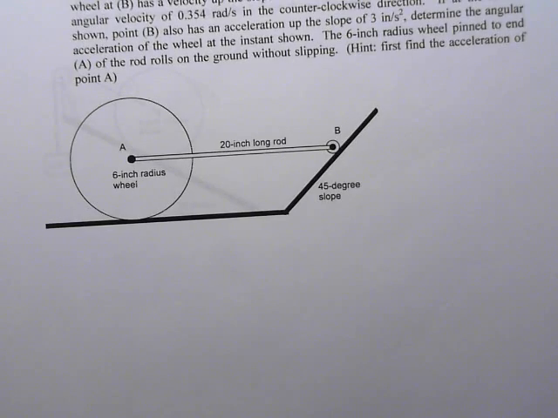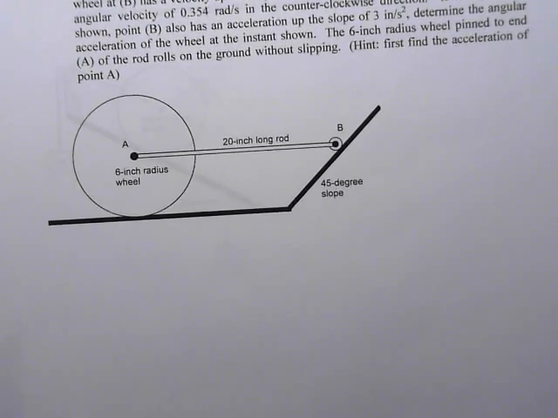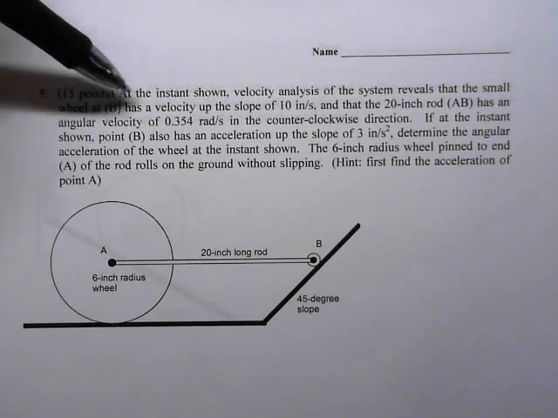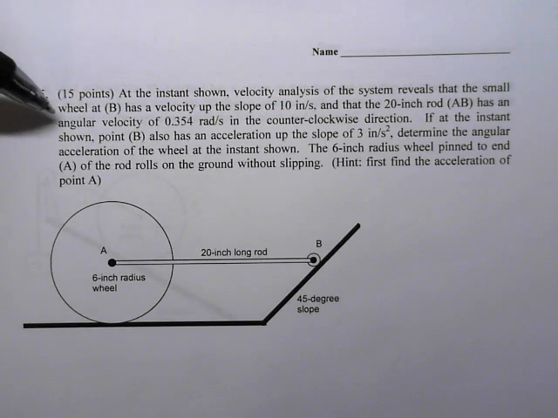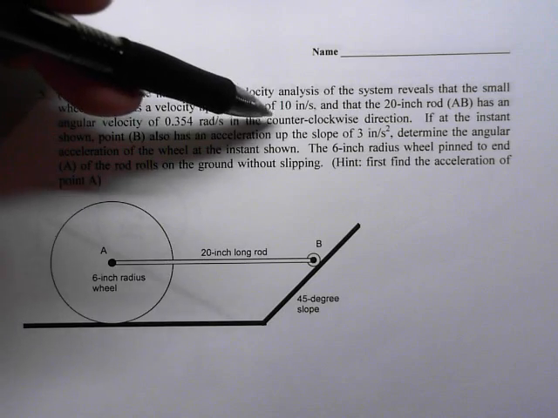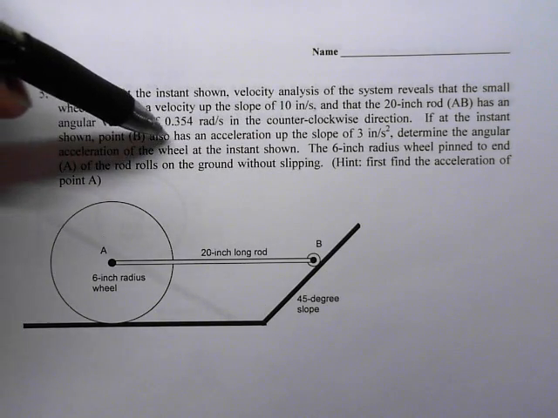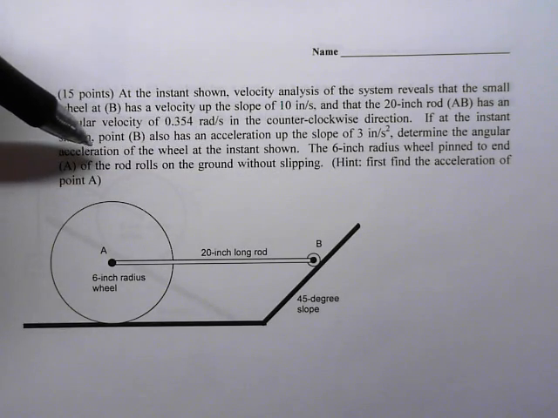Okay, but we have taken a look at each of the first 4 chapters, and those dealt with particles, and now we turn to rigid bodies. And so, in this problem, a 15-pointer, it says, at the instant shown, velocity analysis of the systems reveals that the small wheel at B has a velocity up the slope of 10 inches per second, and that the 20-inch rod AB has an angular velocity of 0.354 radians per second in the counterclockwise direction.